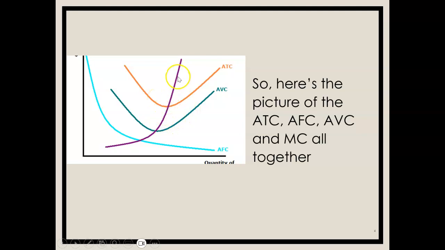When marginal cost is greater than average variable cost or average total cost, then that curve is increasing. This follows exactly the same kind of analogy that I used with the production curves when I talked about that average on the exam story. It works exactly the same here.